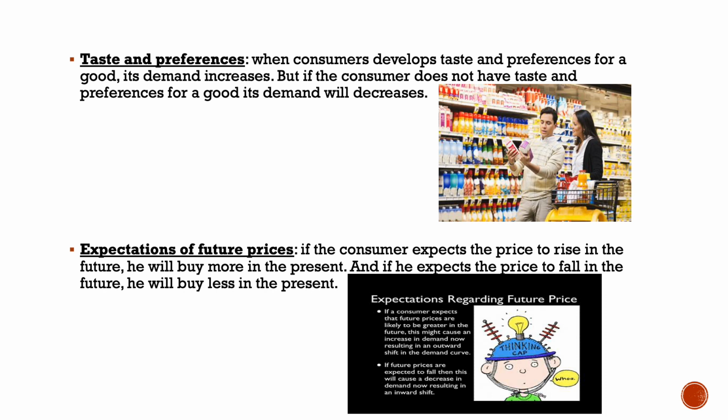If people expect that in the next month the price of gold will increase, people will plan to buy gold in the present. And if people feel that the price of gold will decrease in the next month, people will buy the gold in the next month instead of the present month.